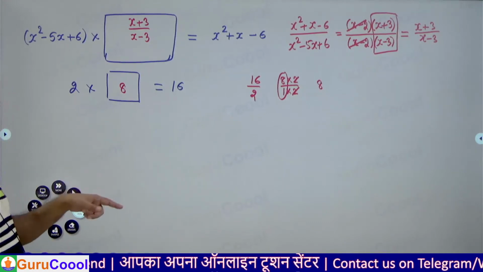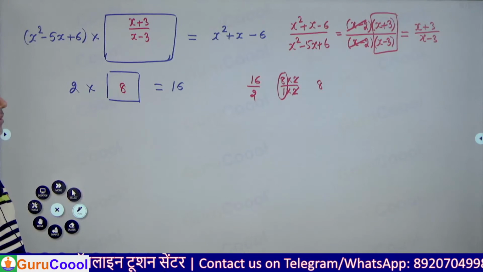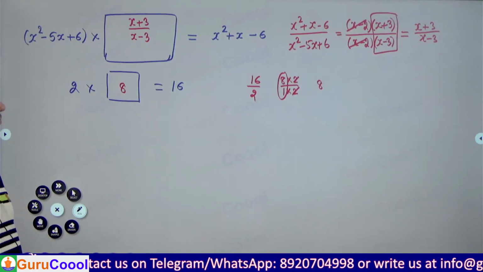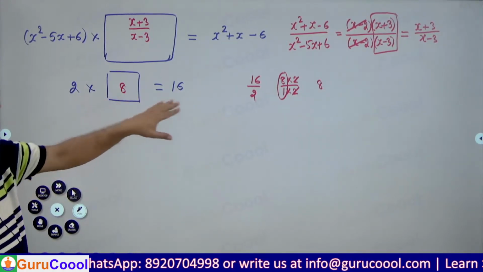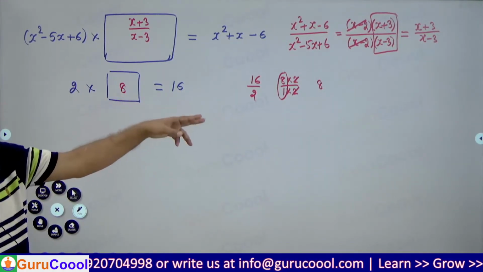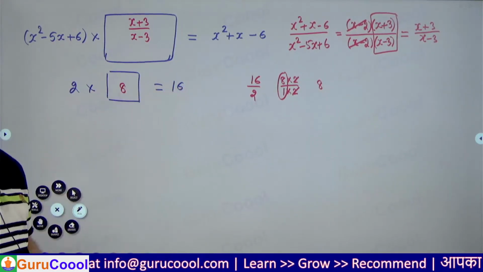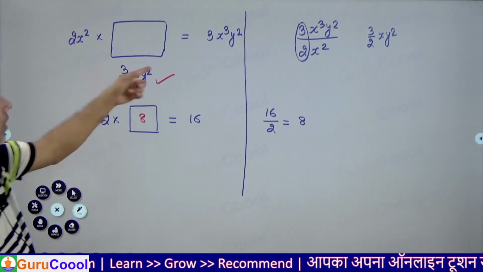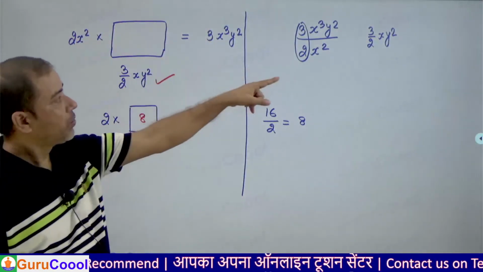But if you have the ideas and you are not trying your best, that's being a loser. If I tell you how to find this missing factor by dividing, why didn't you divide this by this? Here also I helped you divide algebraic expressions, this by this, to find the answer.